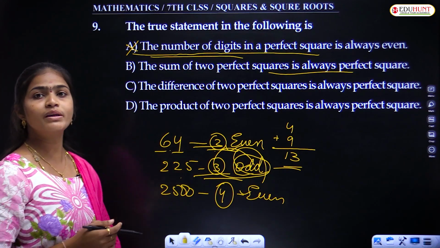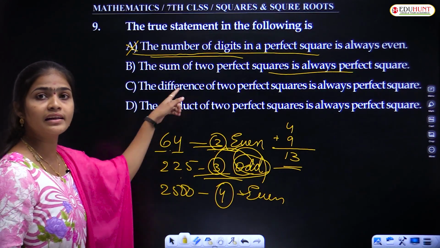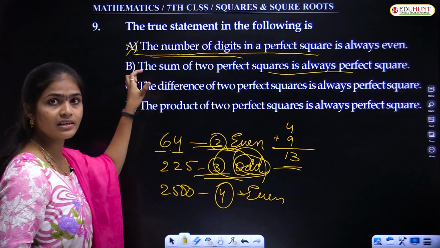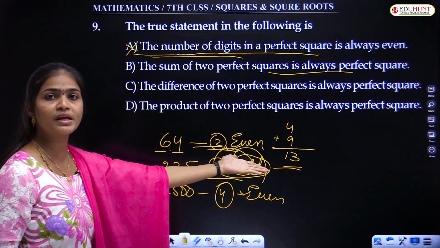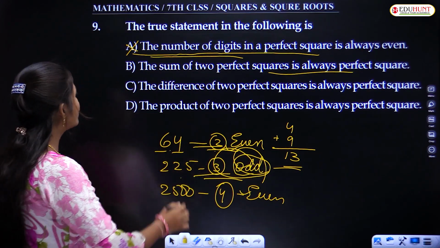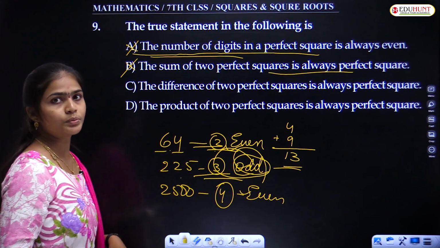Maybe sometimes we may get a perfect square, but in the question they said always, and here we are not getting a perfect square. So that's why this is also a wrong option.